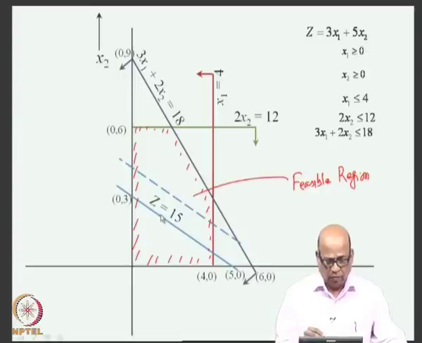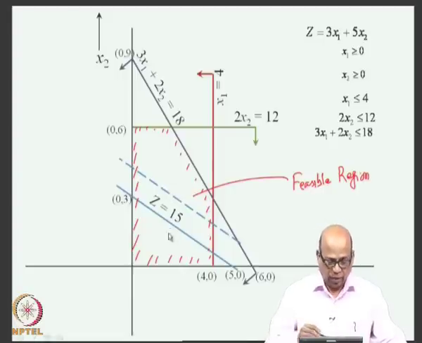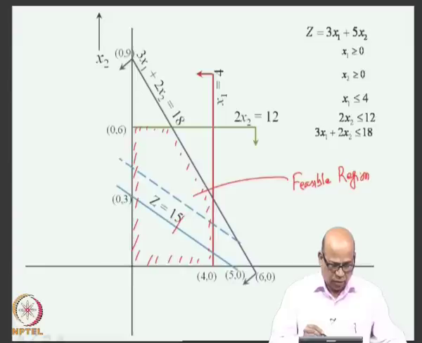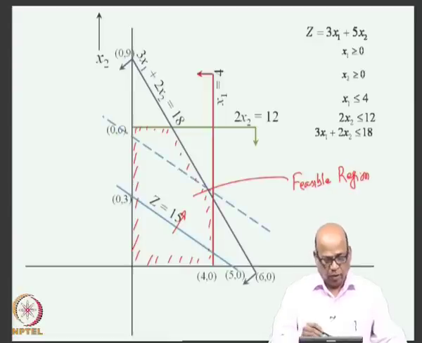So, I keep increasing z, the z line moves parallel to itself. As I keep increasing z, it moves parallel to itself in this direction in this particular case. I further increase z, it goes here.